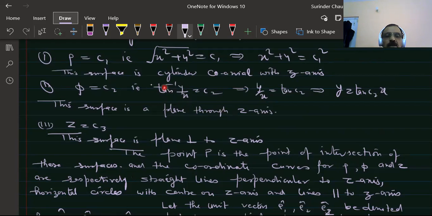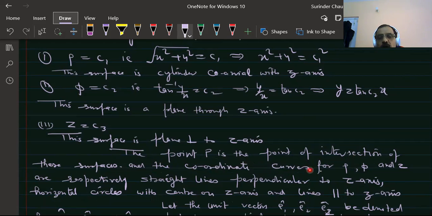So the coordinate point P is the point of intersection of x square plus y square equal to c1 square, y is equal to tan c2 times x, and z equal to c3.